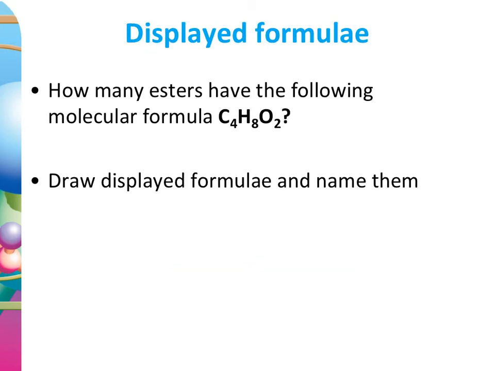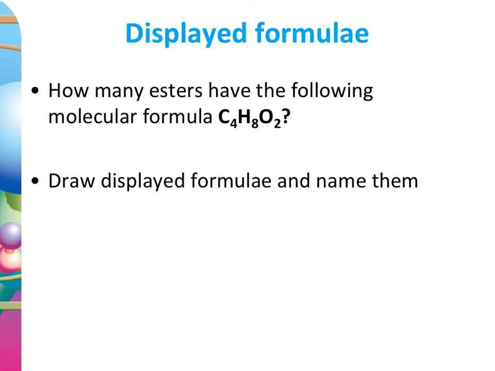Okay, so another little exercise for you, and this is a really useful one actually. We've got a molecular formula of C4H8O2, and I want you to come up with as many esters that would have that molecular formula as you can, please. It says draw the displayed formulae and name them.